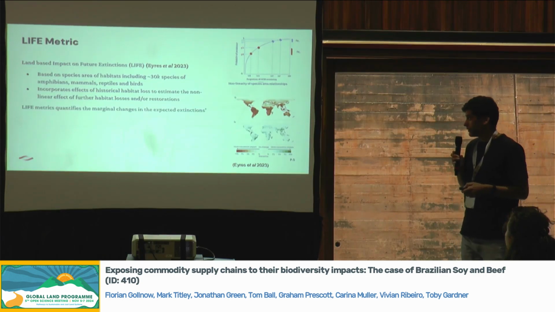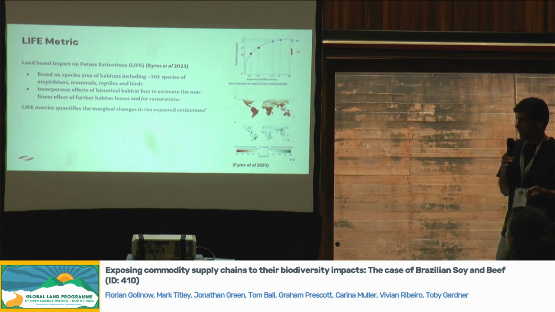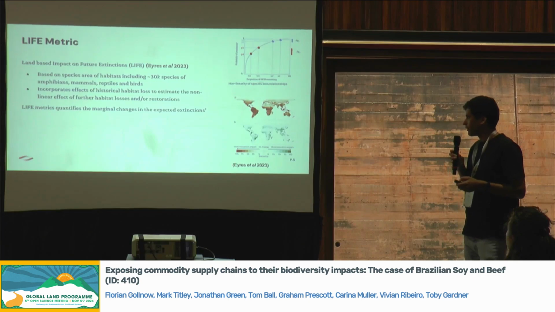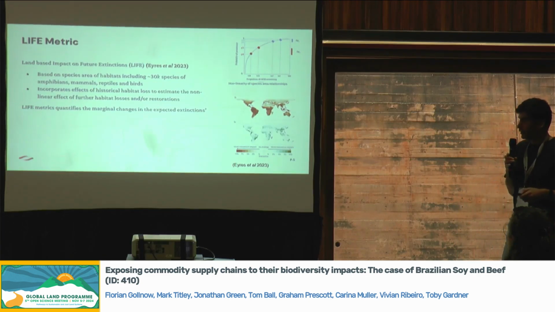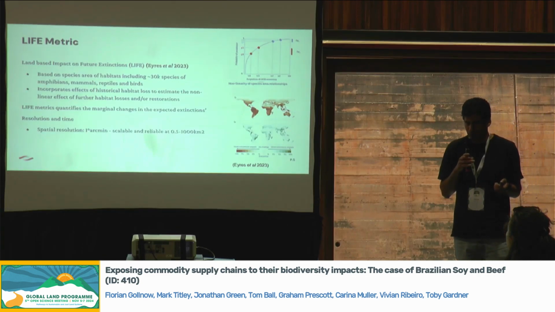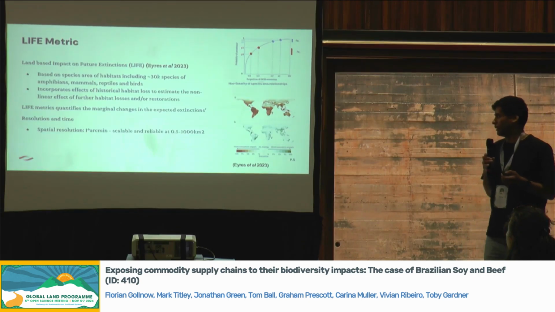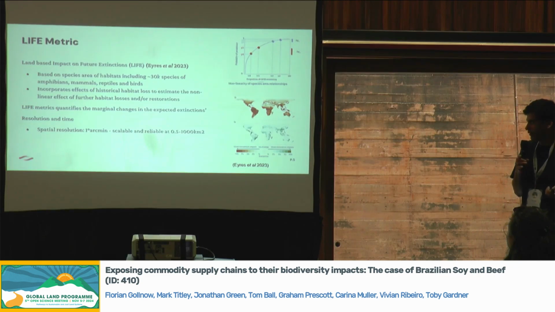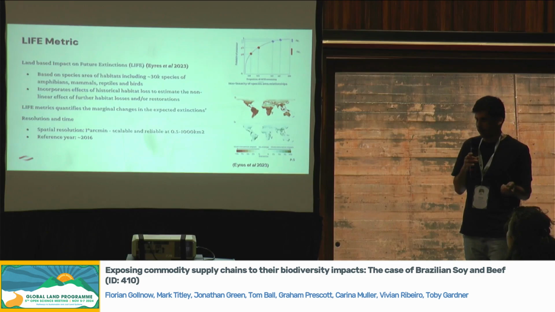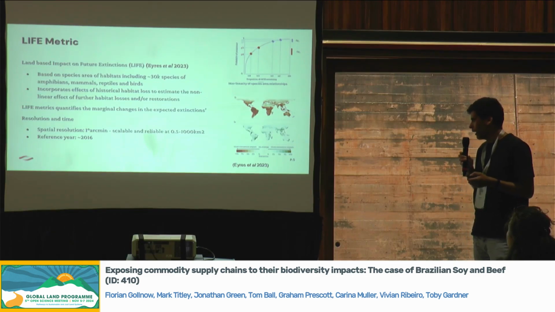With this, it quantifies the change in expected extinctions with each conversion of land. This is a global index, and that's why it's really important to also look a little bit at the resolution. It's scalable from 500 meters to 1,000 kilometers, and it is based on the reference year around 2016.